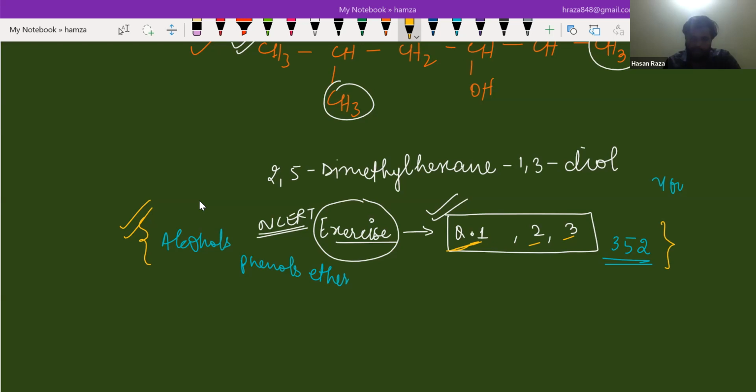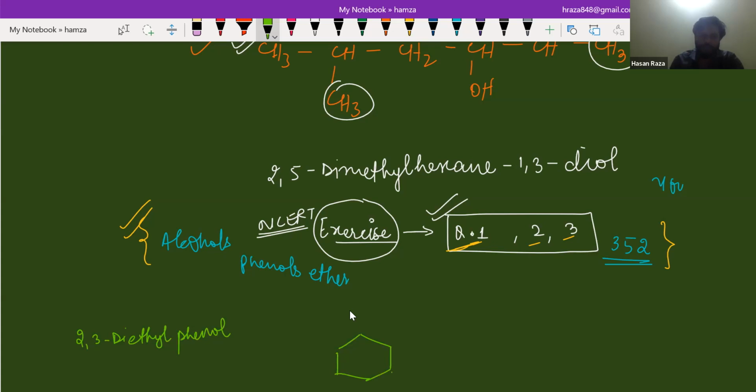Are you talking about this 2,3 diethyl phenol, Sneha? Second question, fourth part. It is basically 2,3 diethyl phenol. So we just need to write the structure.